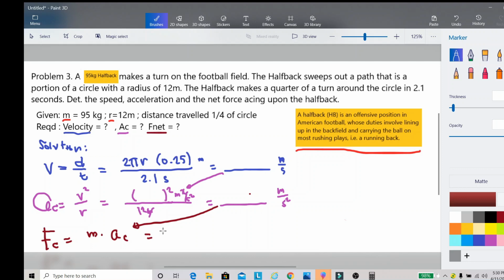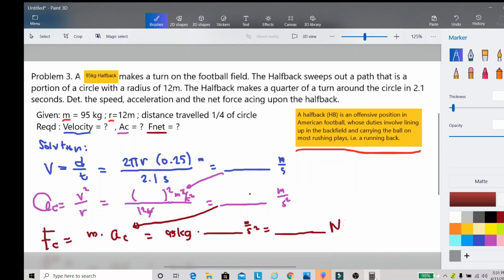Therefore, we have here the mass, which is 95 kilograms, multiplied by the acceleration in meters per second squared. So we will be arriving at an answer with a unit of newtons.